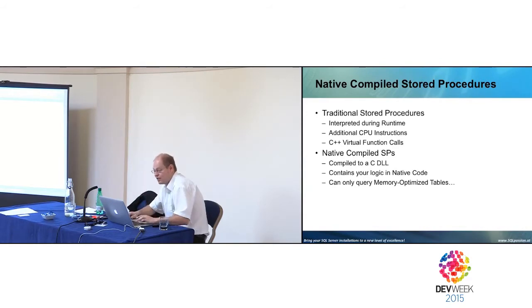Means when you set that option to on, then you don't need that query hint. Means every transaction which accesses a memory optimized table runs in the snapshot isolation level. That's the first thing that you will encounter when you're working with transactions.